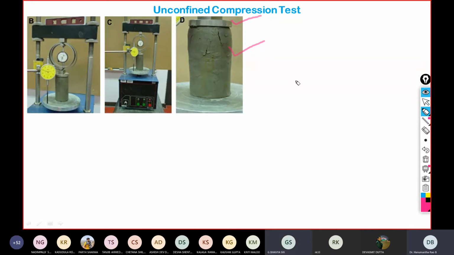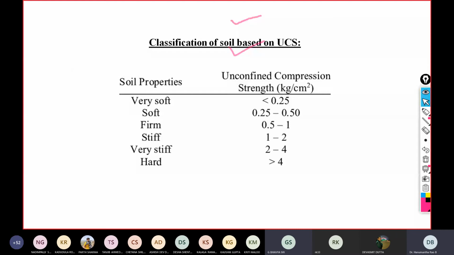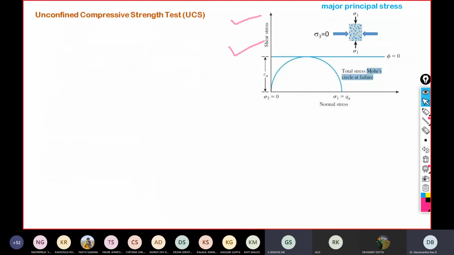Sir, to find the phi value, from which point do we need to draw the tangent? Here in this case, it is not possible. Let me show you since you are asking. For example, this is one circle.